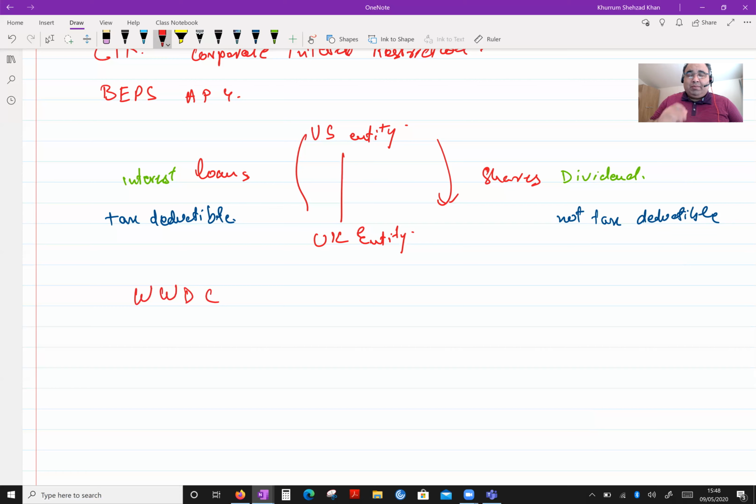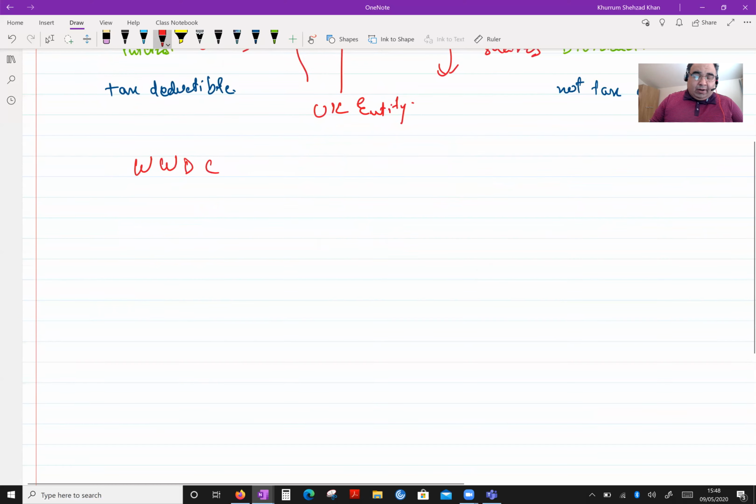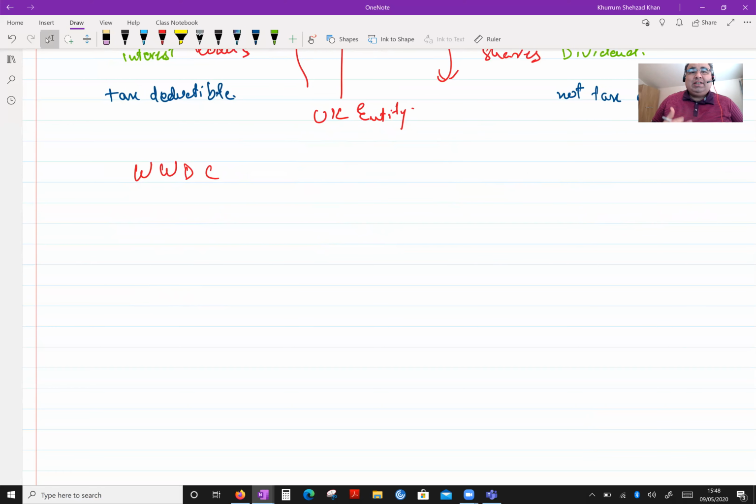I'm going to give you a quick overview of what you need to look for and how you calculate this. This is equation-wise. First of all, we want to restrict the interest expense in a company. Just a brief outline.